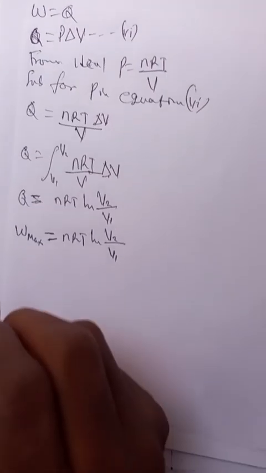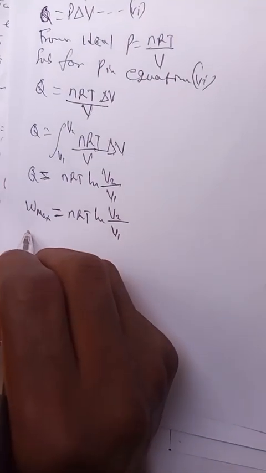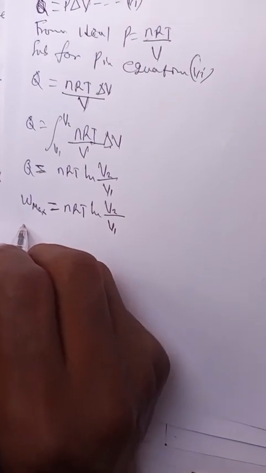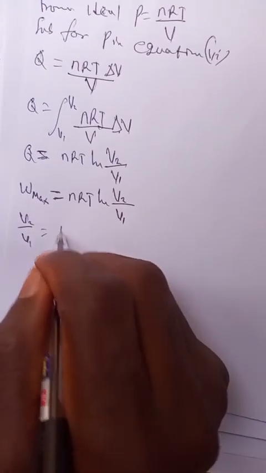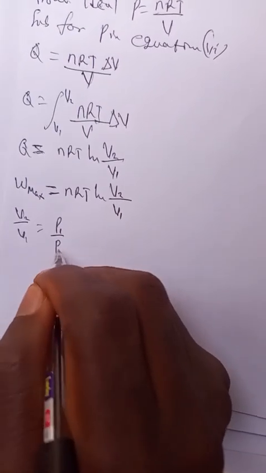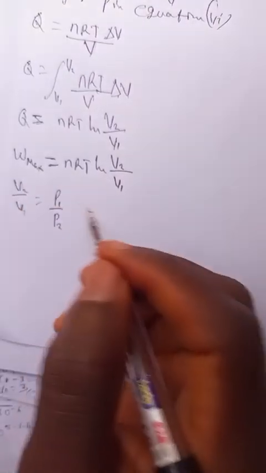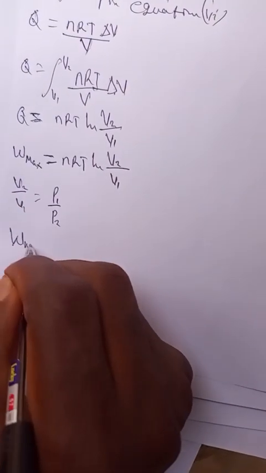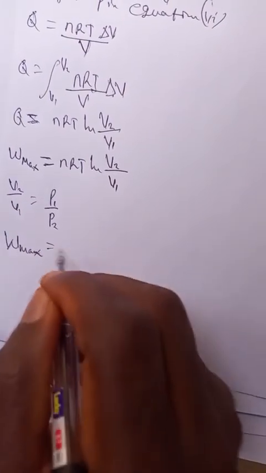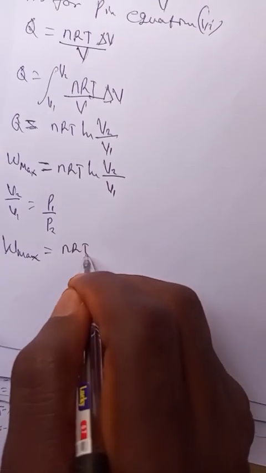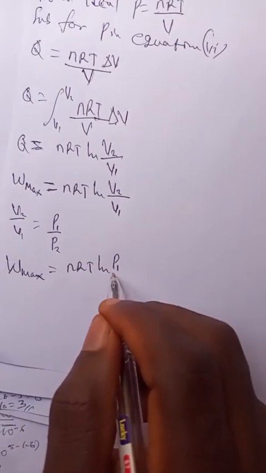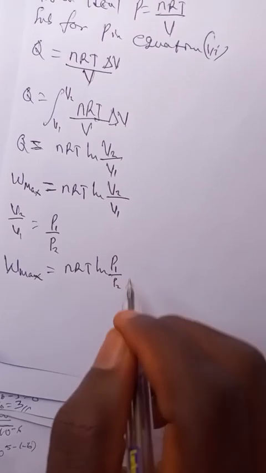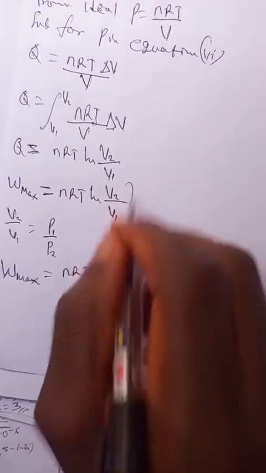And remember that from Boyle's law, because isothermal is also the same thing as Boyle's law, V2 over V1 is equal to P1 over P2. This equation can also be written as the maximum work done is equal to nRT ln P1 divided by P2. You can put this in brackets.